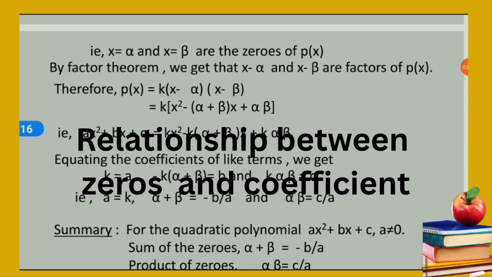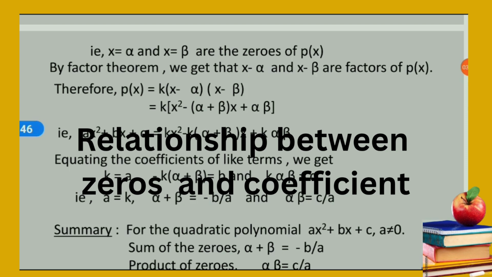In the same way we can write x minus alpha into x minus beta. How will you write it? K into x square minus alpha plus beta into x plus alpha into beta, using that identity. Hence we can write ax square plus bx plus c as kx square minus k into alpha plus beta into x plus k into alpha beta.